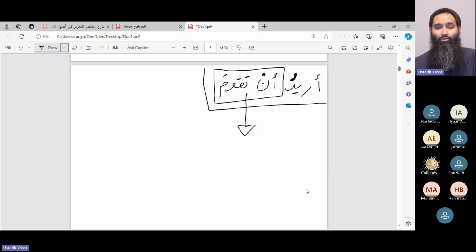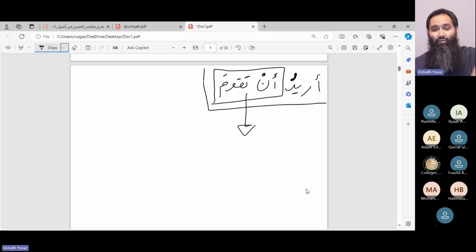So again, you take an, and you take the fi'l al-mudari after it, and you convert these two. We do ta'wil, interpretation, muqaddar, in our minds. Obviously, we're not going to write this, we can't change the sentence. But that's what it means.